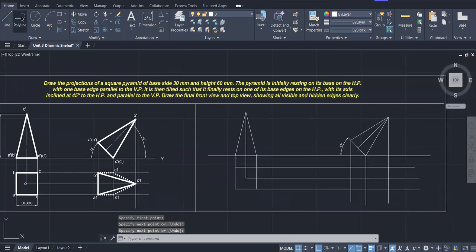Now take a polyline and connect these lines.